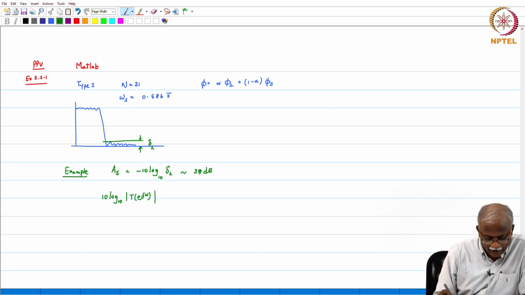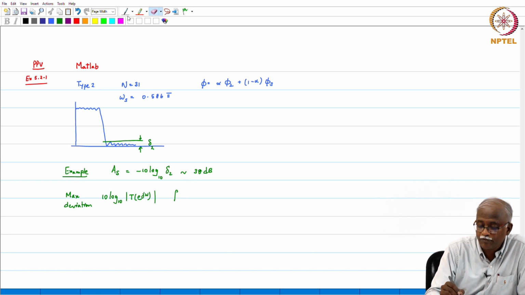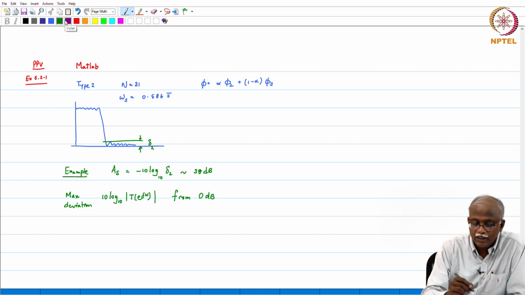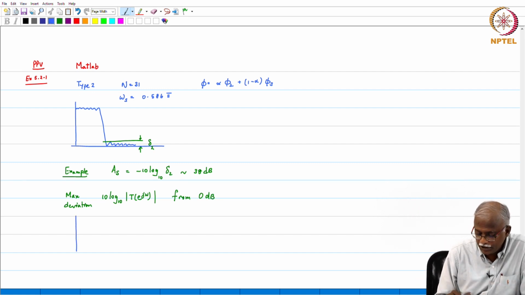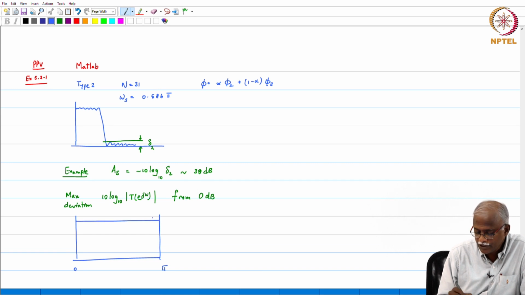So the maximum deviation of this expression from 0 dB, from what we want as a purely flat constraint. So in other words, the same structure, let me draw this. This is 0, this is pi. Ideally we would like it to be a constant at 1, which is equal to 0 dB.